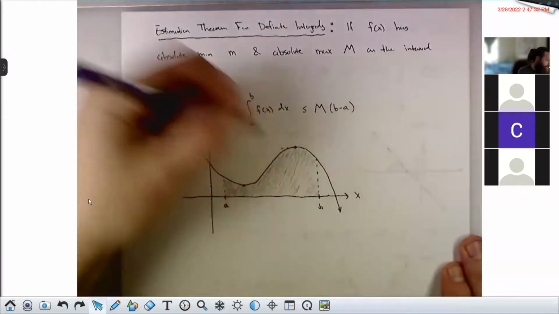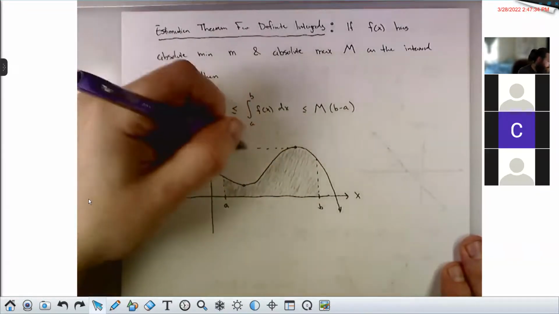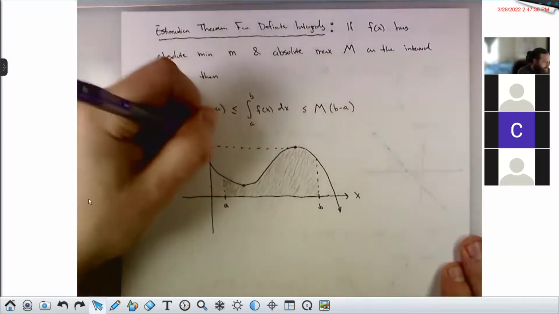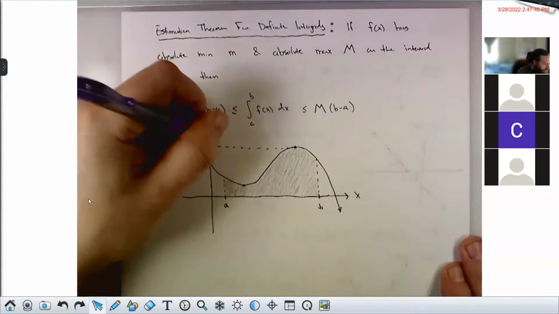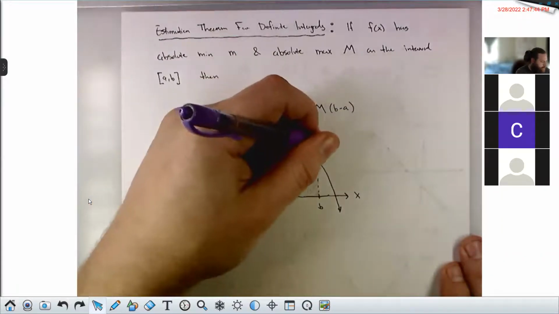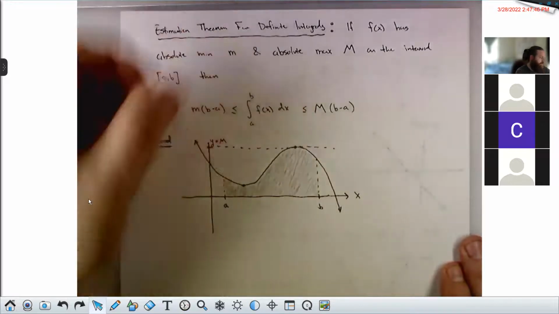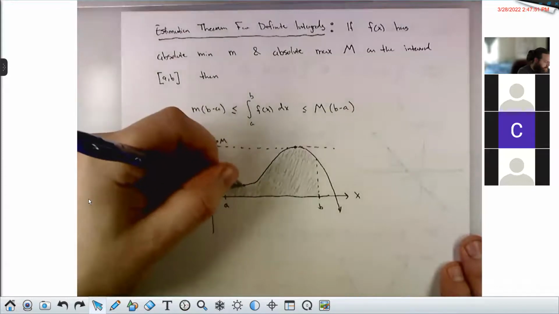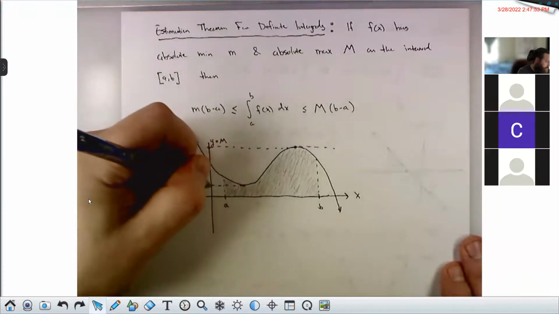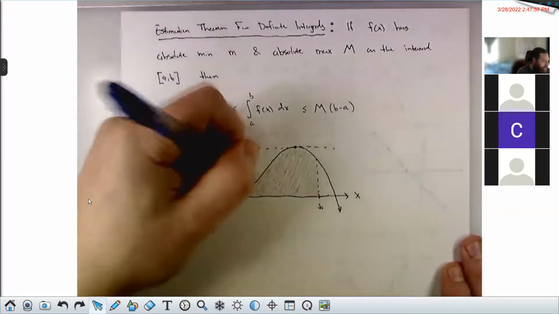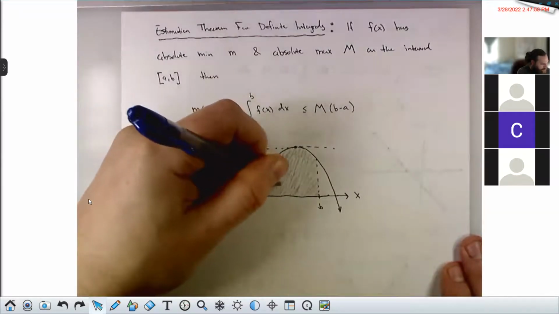So let me think about the following areas. Here's the line y equals capital M from the absolute max. And maybe in blue, here's the line y equals little m from the absolute min.